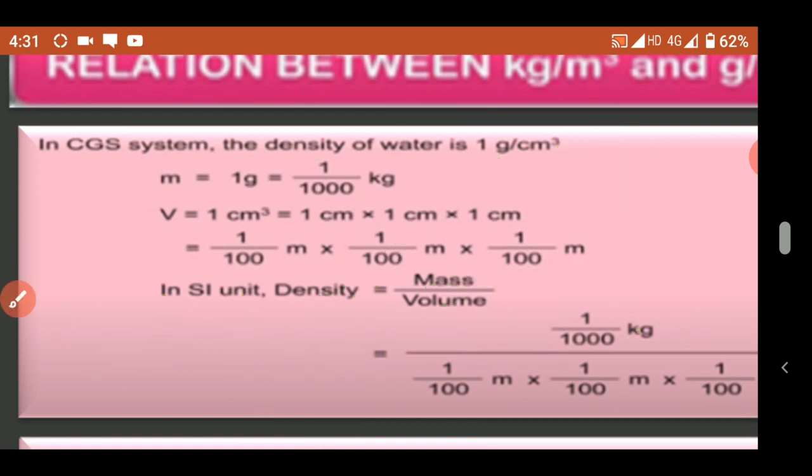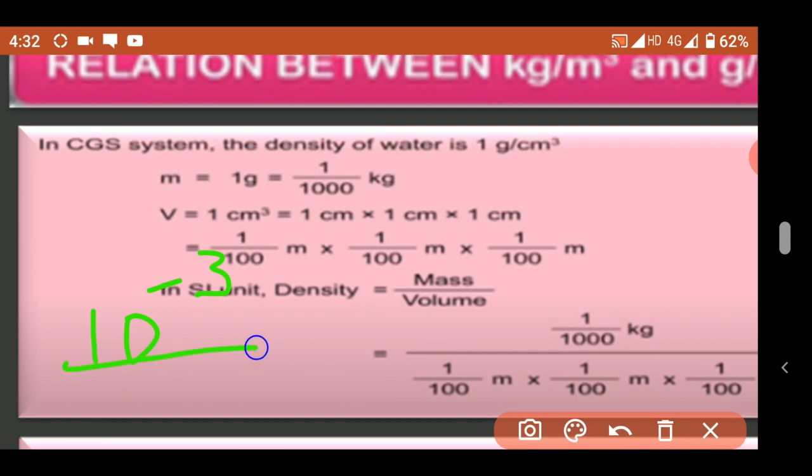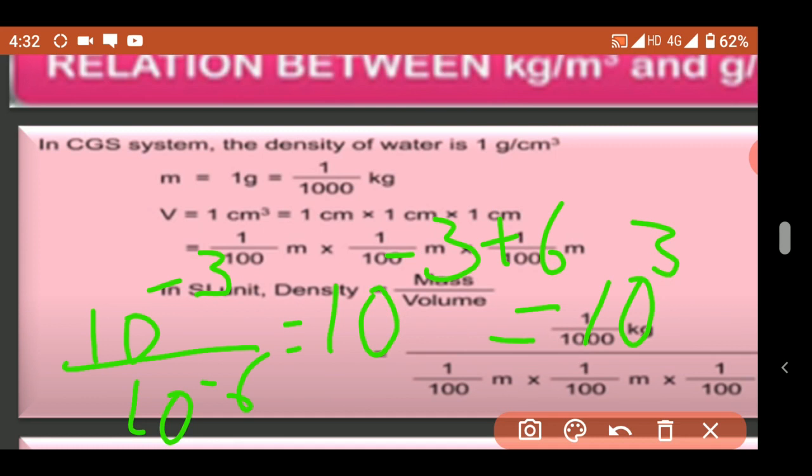So, now you got the mass in kg, you got the volume in meter cube. Now what? Now, as per the formula, density is equal to mass by volume. So, we get 10 to the power minus 3 divided by 10 to the power minus 6, which will be equal to 10 to the power minus 3 plus 6, that gives us 10 to the power 3 kilogram per meter cube.